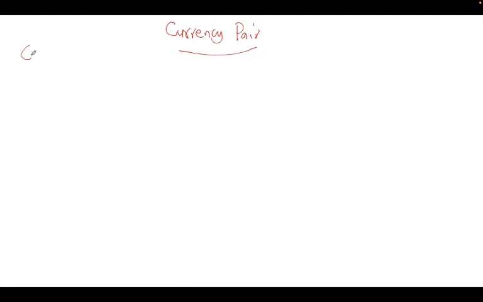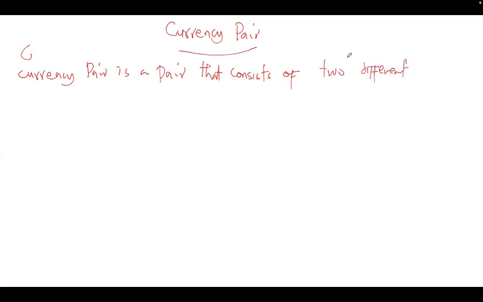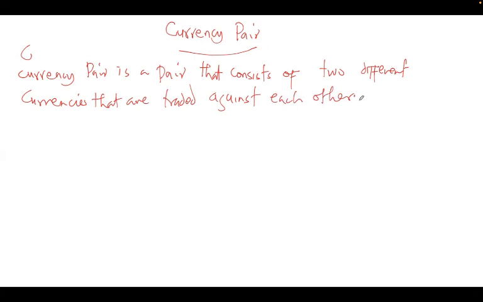Currency pair is a pair that consists of two different currencies that are traded against each other, right? We said it is a pair that consists of two different currencies that are traded against each other.